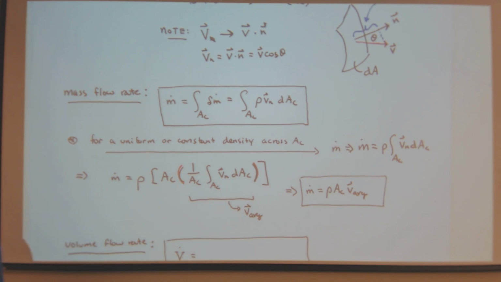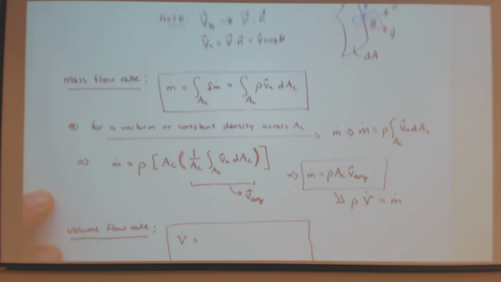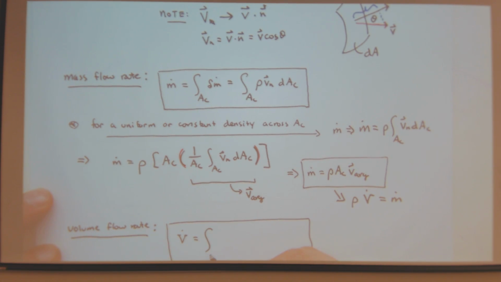But I can rewrite this one. Rho v dot equals m dot, or the integral over AC of delta v dot equals the integral over AC of Vn dAc.